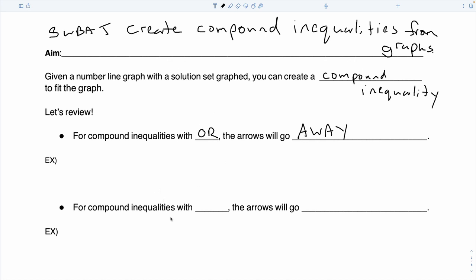For compound or, let's do an example of that. It will look something like that. Just make a quick example. I don't care about the details.